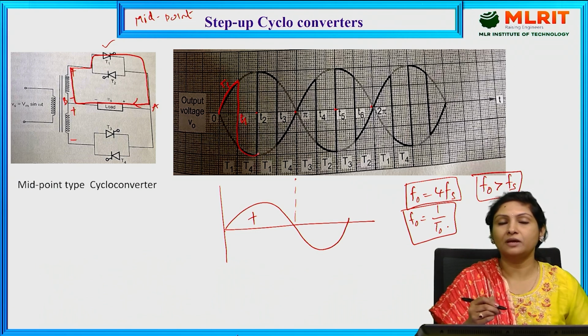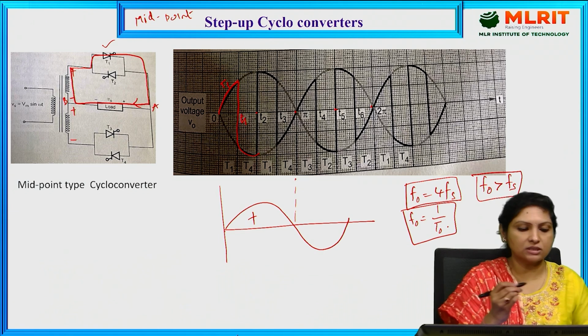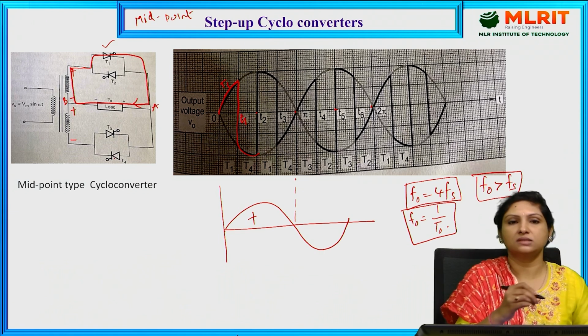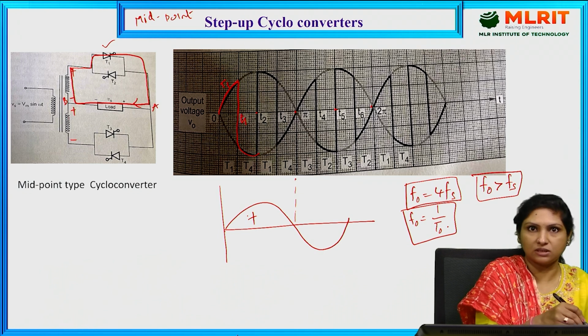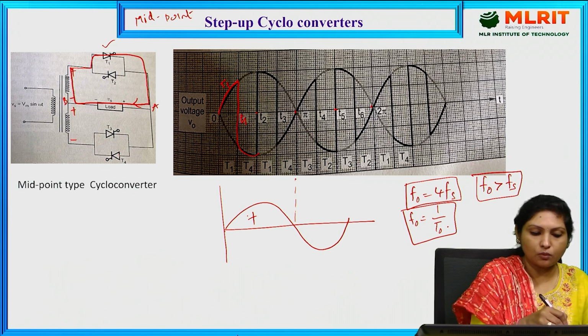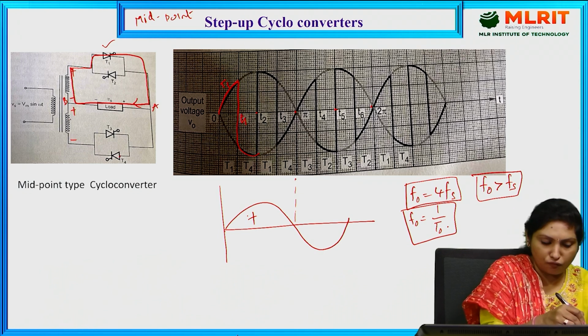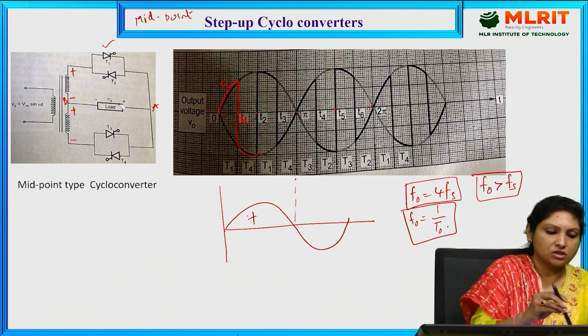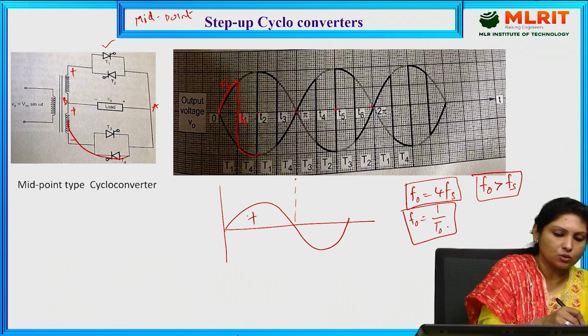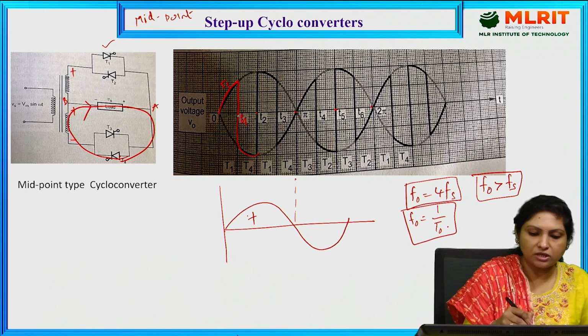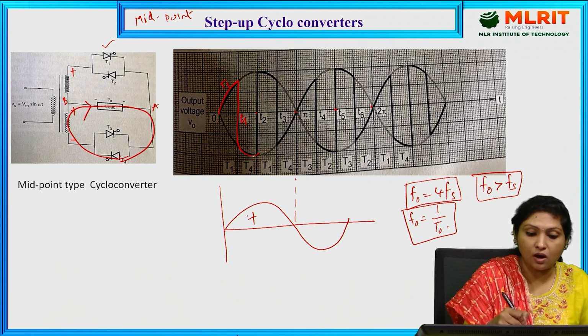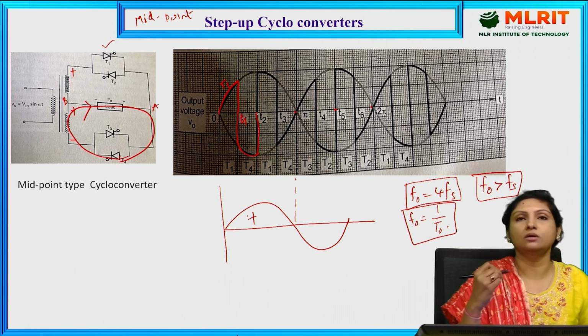For that, we need to provide the triggering pulse for thyristor 4. This is during the positive half cycle of the input voltage, polarities positive, negative. If I provide the triggering pulse for thyristor 4, it starts conducting current through the load from B to A, such that it controls the negative half cycle of the output voltage through the load.